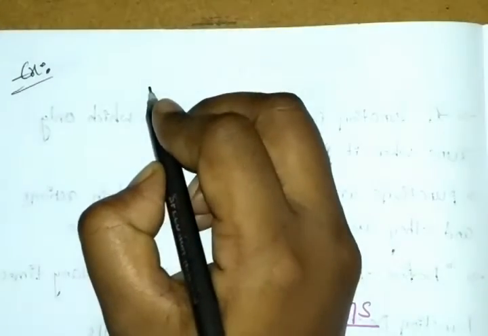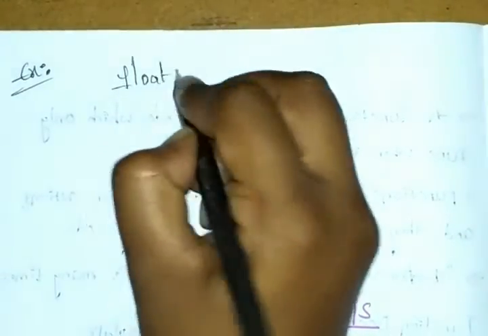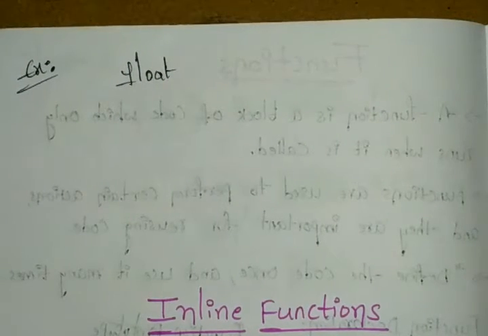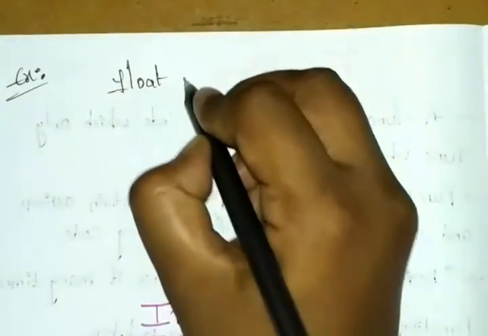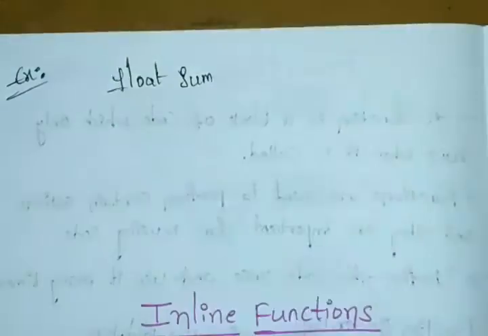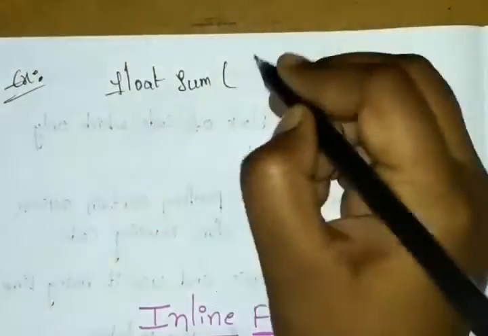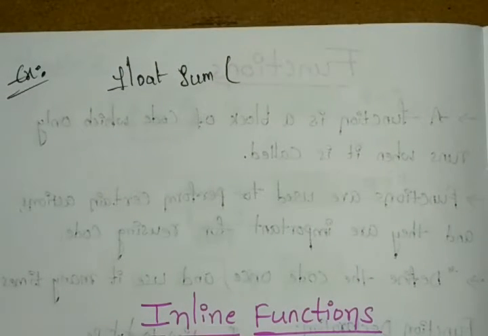first we have the return type. In this return type I'm choosing float. Instead of float you can choose your choice, like integer, double, long double, anything you can choose. Float. And here also I'm choosing the name. The function name is sum. And now we need to pass our parameter list.